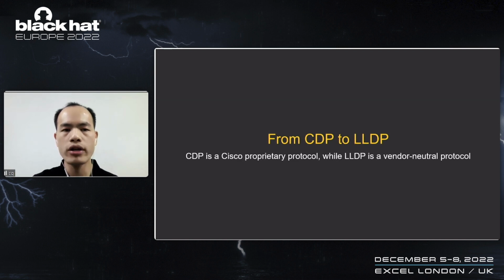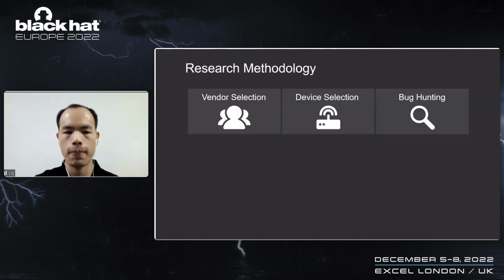What about the LLDP protocol? Compared with the CDP protocol, the LLDP protocol is more general and vendor independent. It can be used on most vendors' network devices. With the knowledge obtained from the previous stage, we continue to investigate the implementation for parsing LLDP packets on network devices.